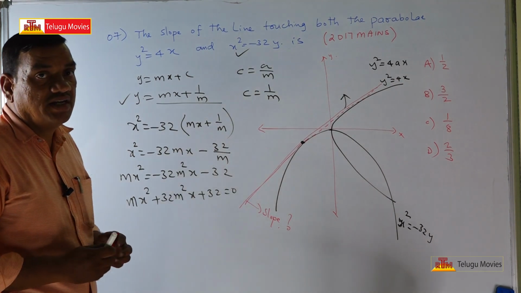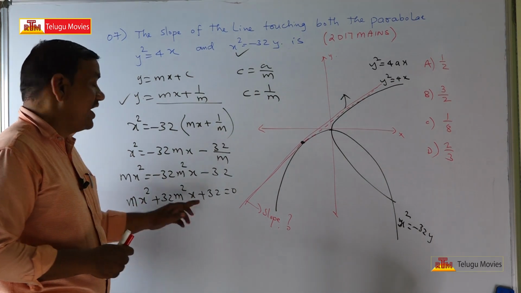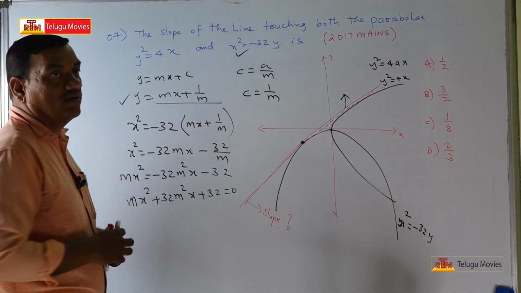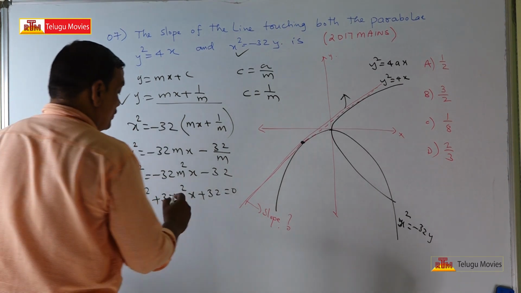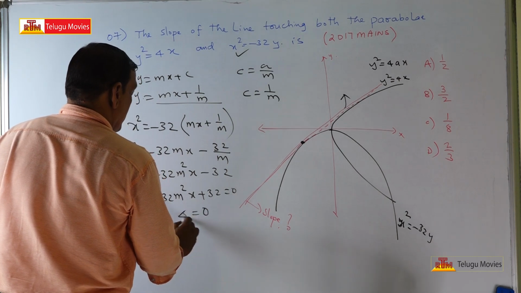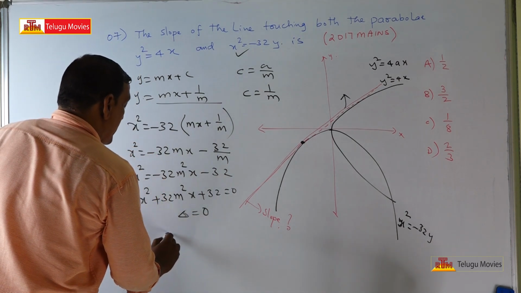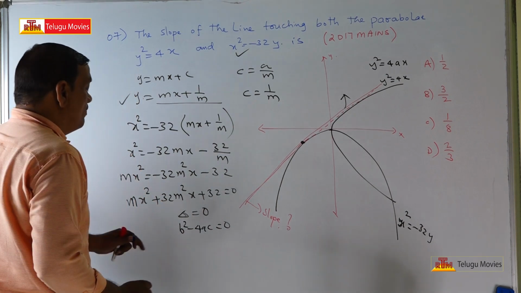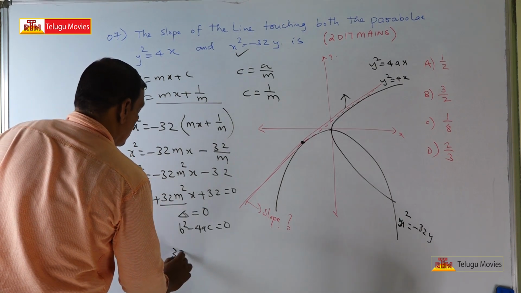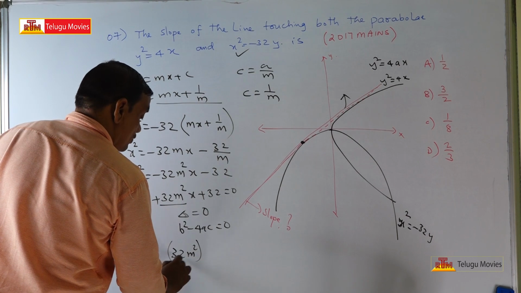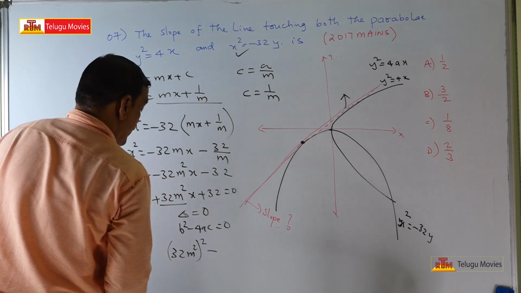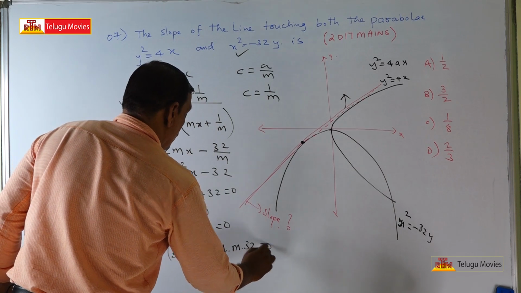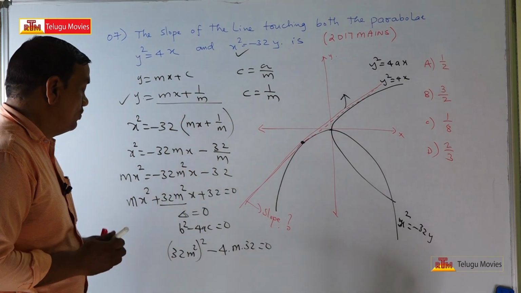This is a quadratic equation in the variable x, so it should have two equal roots. Its delta value should be 0, that means b² - 4ac = 0. Here b² is (32m²)² and 4ac is 4 · m · 32, so (32m²)² - 4 · m · 32 = 0.